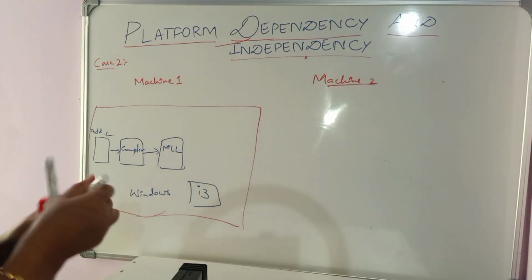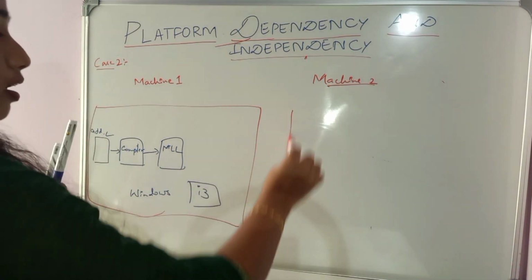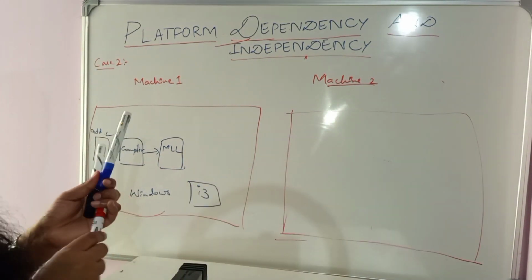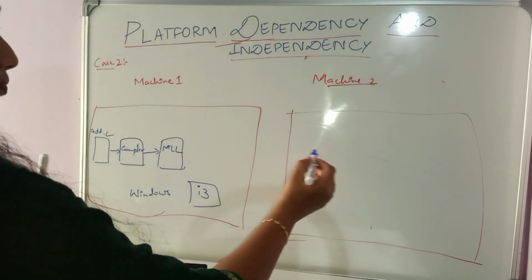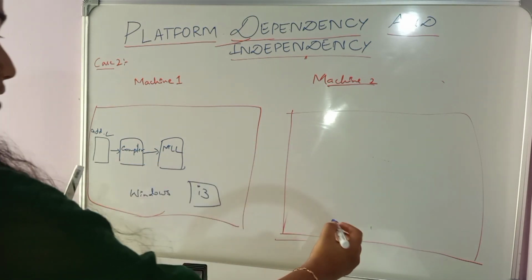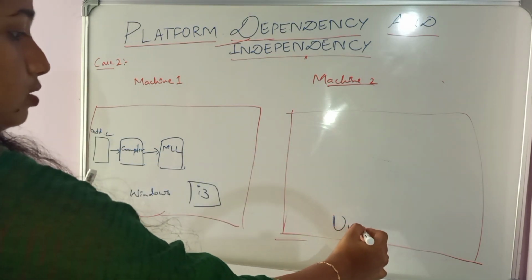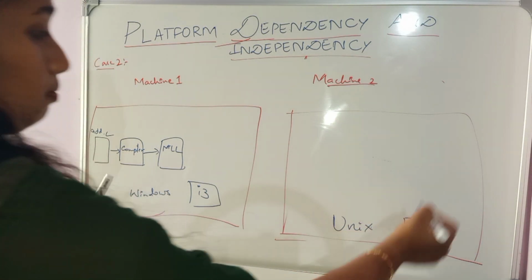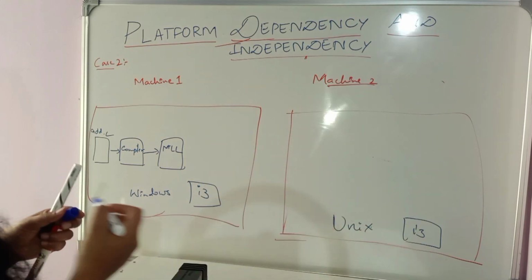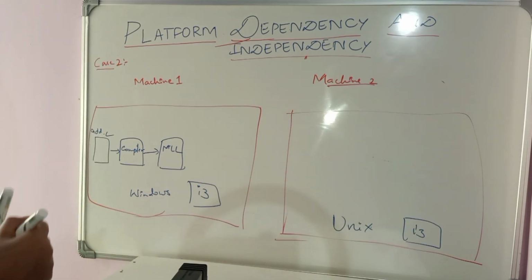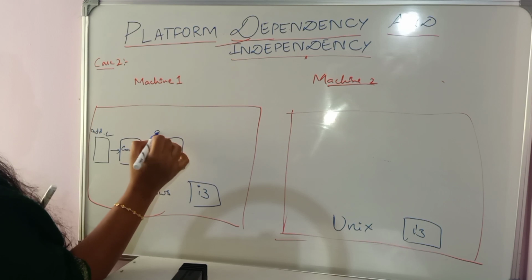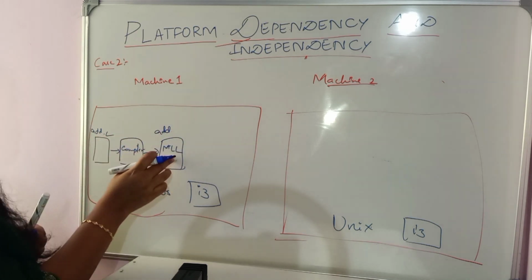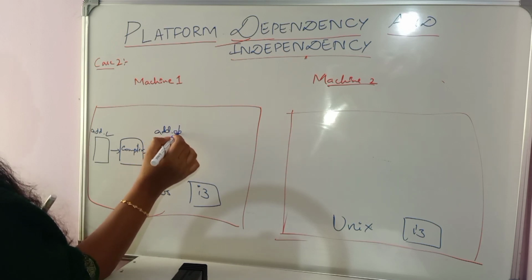We have one more machine, which has the Unix operating system and an i3 processor. Here the source file is converted to machine level language, that is, the object file.